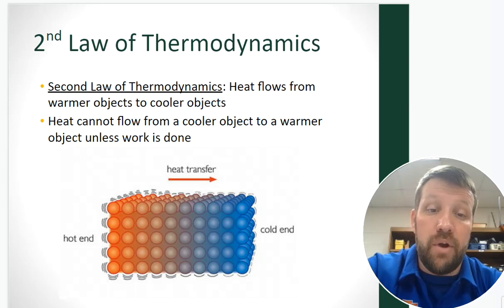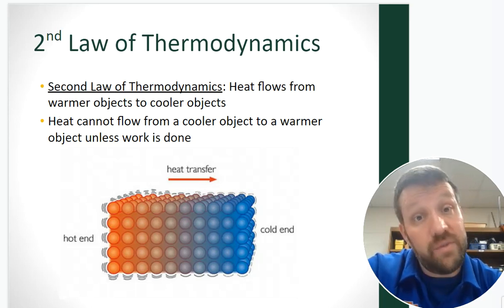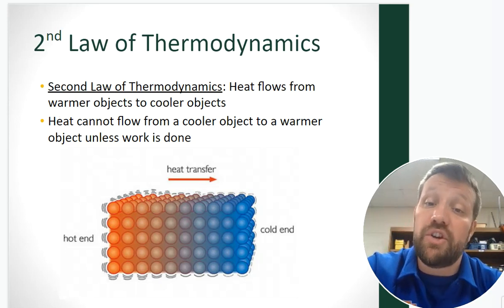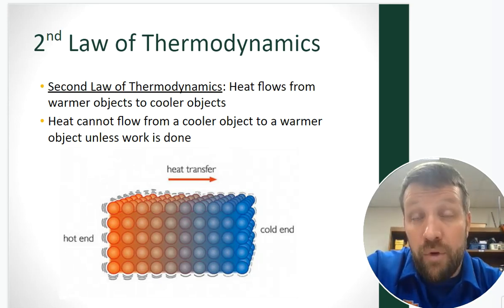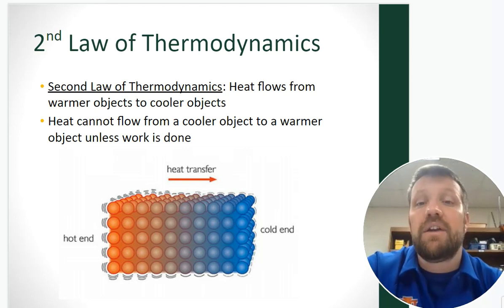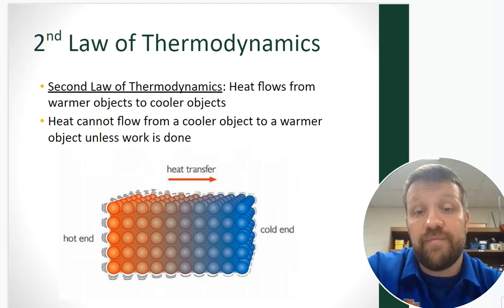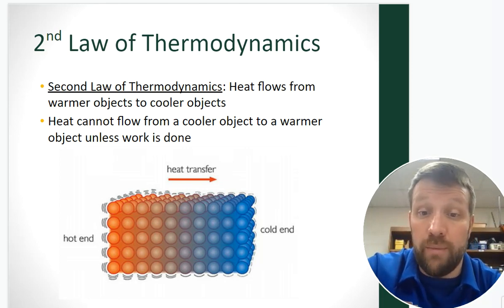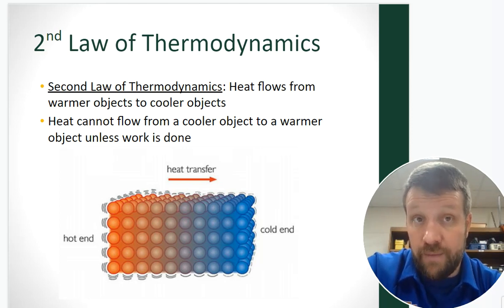Our second law of thermodynamics says that heat flows from warmer objects to cooler objects. We've mentioned this earlier too, but want to make sure to define it as the second law of thermodynamics. So thermal energy, heat, transfers from hotter to colder spaces. So heat cannot flow from a cooler to a warmer object unless we push it that way. Okay?